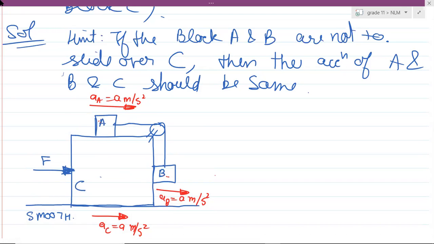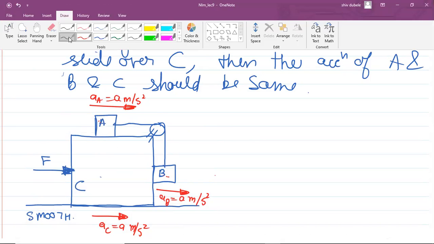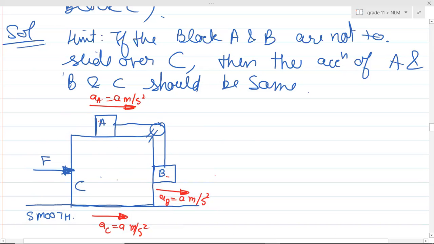Also, can you see this C over here? The two tensions acting on these two pulleys will be assumed to be acting on this block C. So try to do all the 2mg, tension T. When you draw the free body diagram, please include all the forces: T and mg.